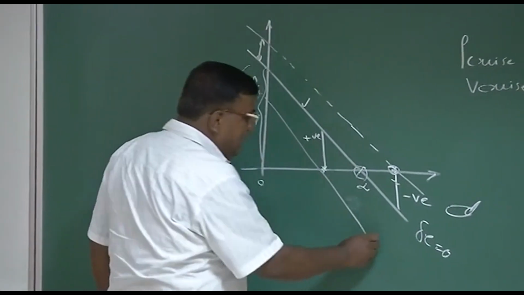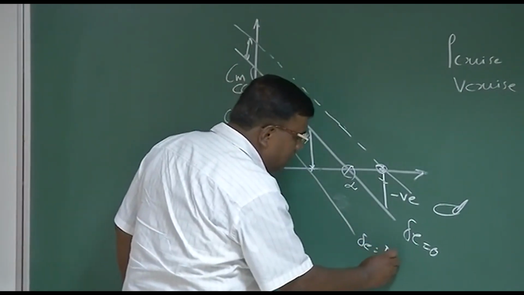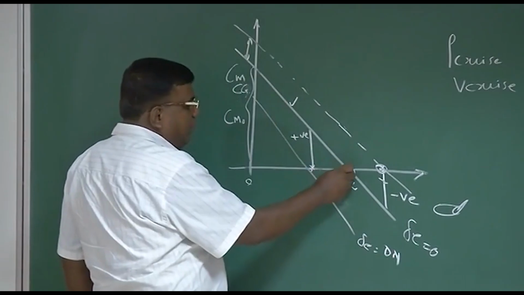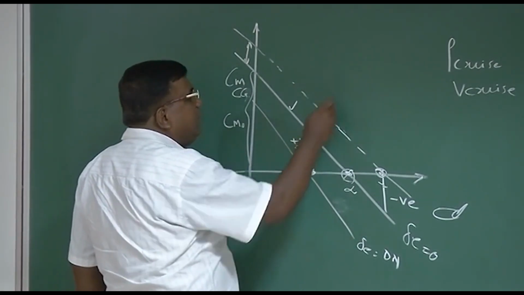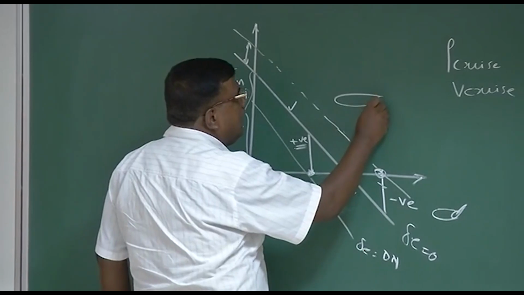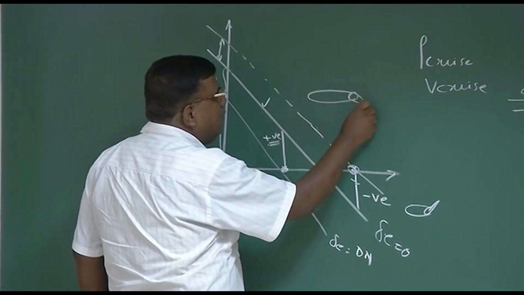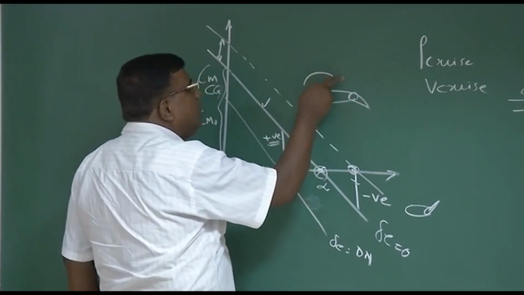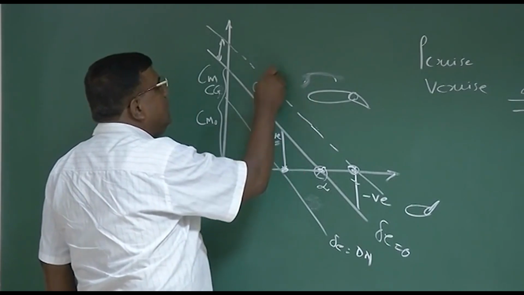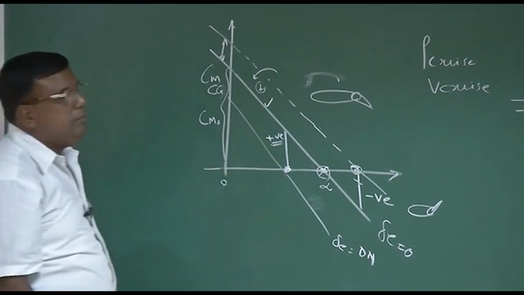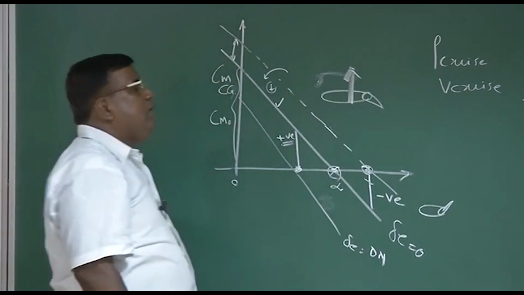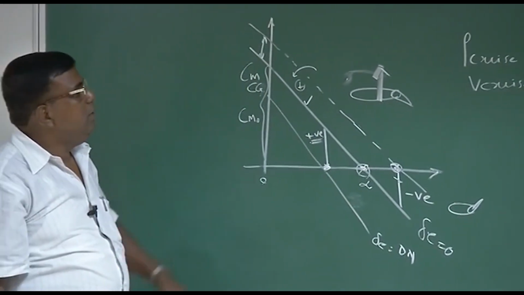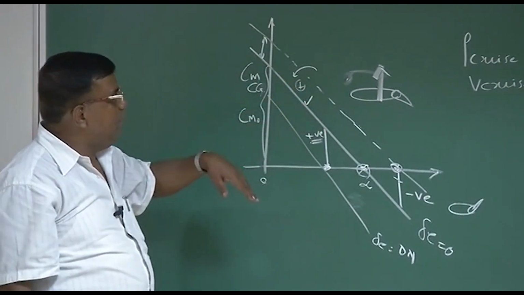So I should give elevator now down, because from this point, if I want to fly here, it will generate a positive moment. So I have to ensure that the elevator is deflected down so that it gives a nose down moment about the center of gravity. Because as I put it down, there will be a lift increment in the upward direction, which will give about CG a nose down moment.